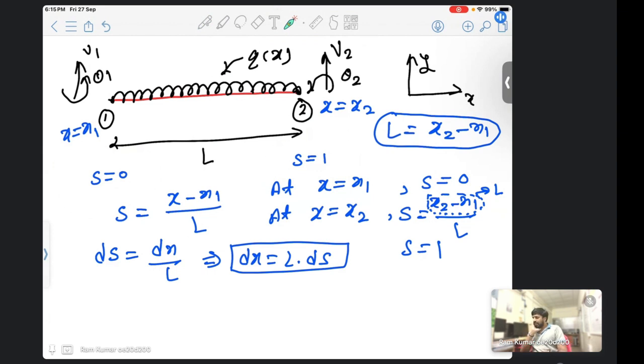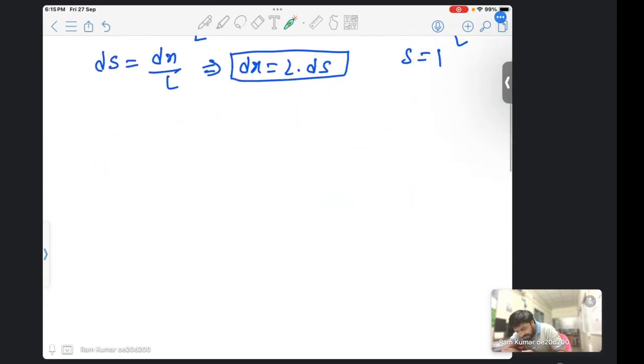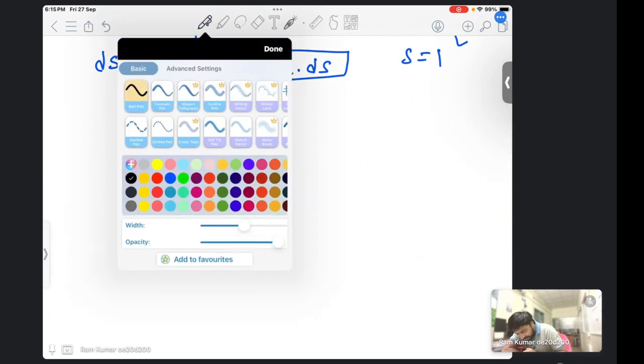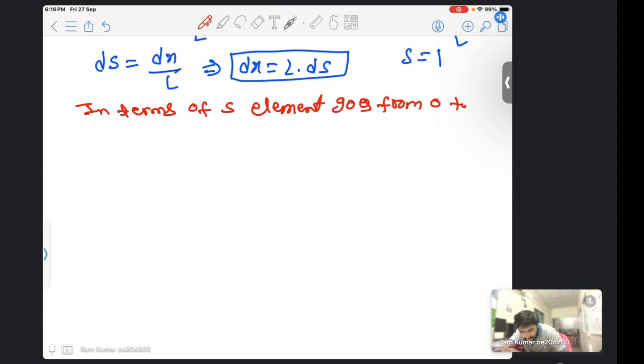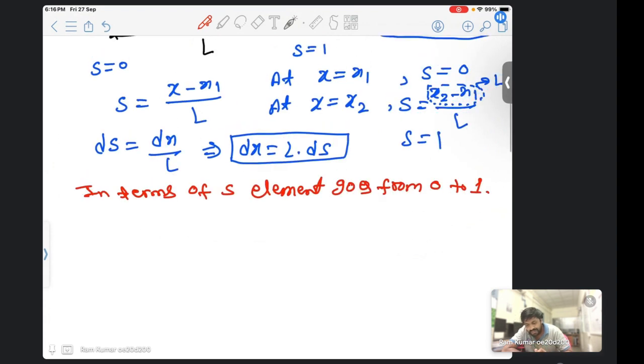Now, in terms of s, how can we write the shape functions and other quantities? In terms of s, the element goes from 0 to 1, so everything will be defined over 0 to 1.